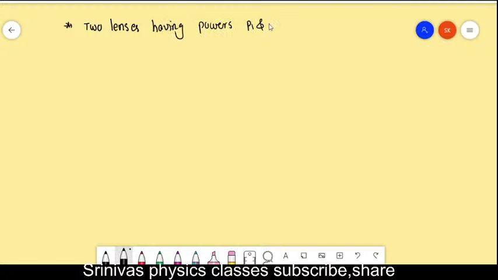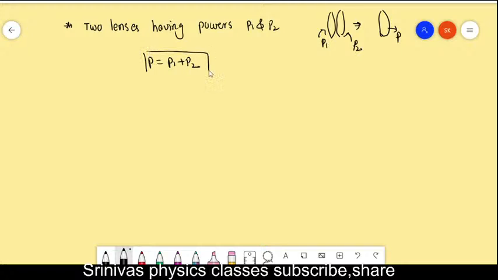If these two lenses act as a single lens, combinedly as one lens, then its power is P. Then what is the power formula? We write P is equal to P1 plus P2.